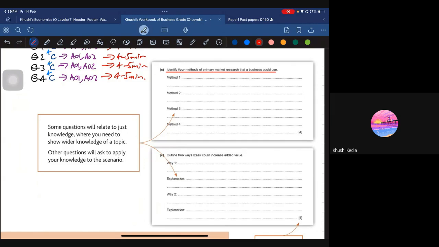But it is not always going to be the case that you will be so lucky, because you could also see questions like these. Outline two ways Isaac could increase the added value. You write the way. Let's suppose you say increase selling price, or decrease the cost of material.